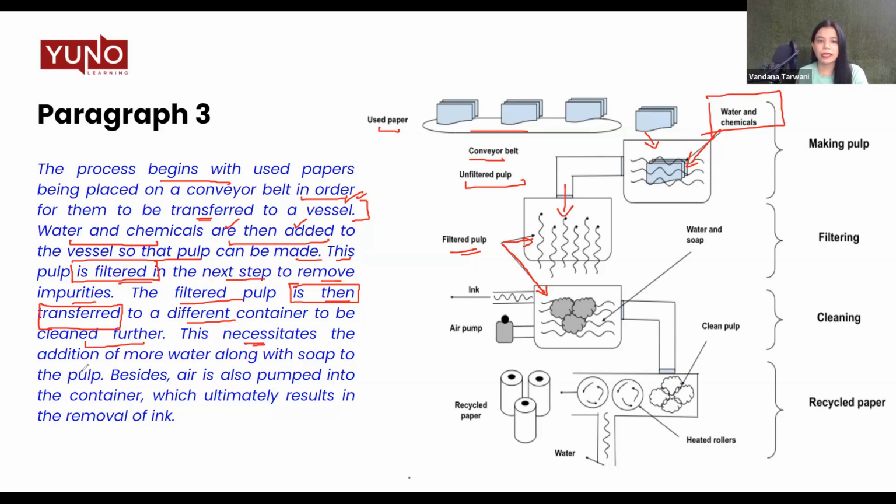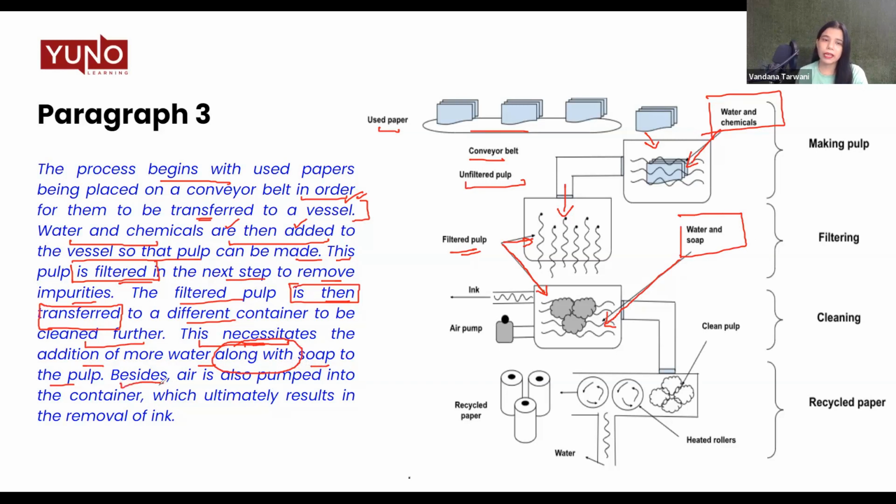This necessitates the addition of more water along with soap to the pulp. So if you see here, water and soap are being added to further clean it. And look at the language. We are saying this necessitates. That means this makes it necessary. This makes it compulsory to add more water along with soap. Again, a linker over here, to add more water along with soap to the pulp.